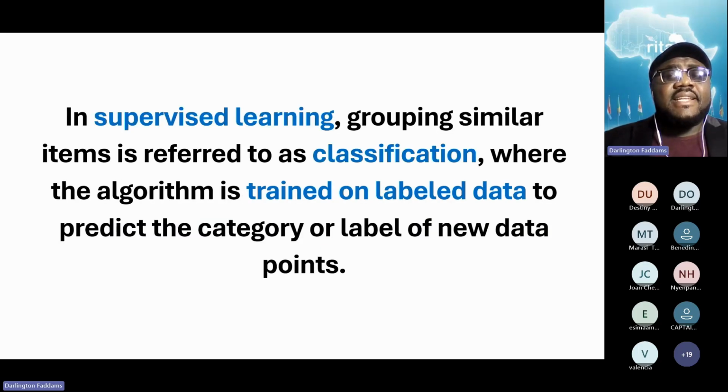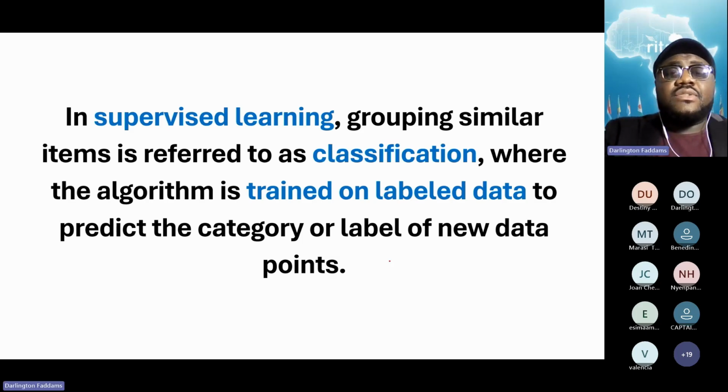In supervised learning, grouping similar items is referred to as what? In supervised learning, grouping similar items is referred to as classification. So please take note as a machine learning student. Where the algorithm is trained on labeled data, so you can see that we highlighted labeled data.